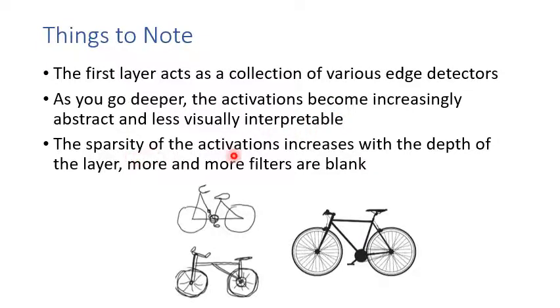The sparsity of the activations increases with the depth of the layer, and more filters are blank. So basically, the first layer will extract an overview of the overall edge of the object, and the later layers will learn specific features and add more detail to the input image.